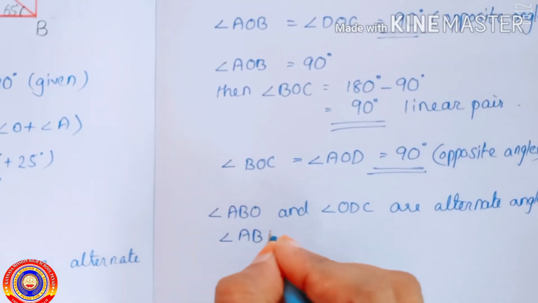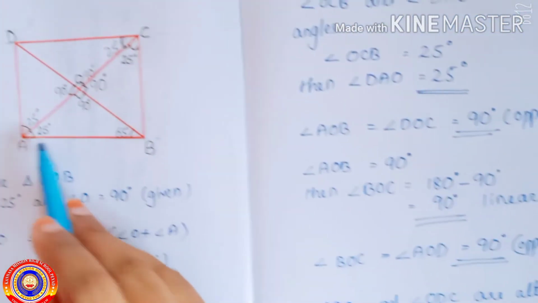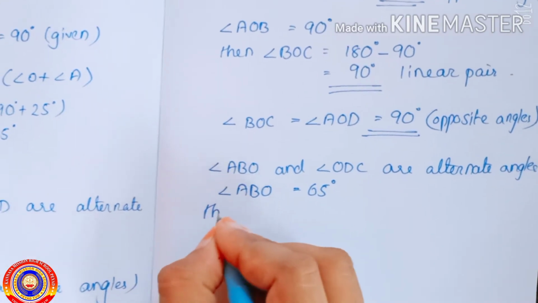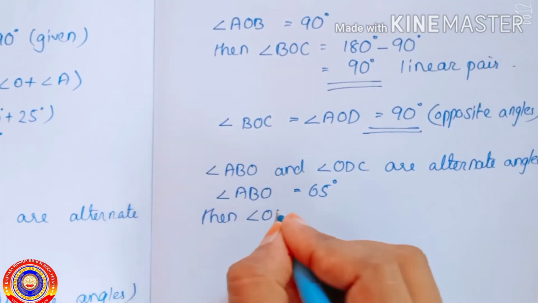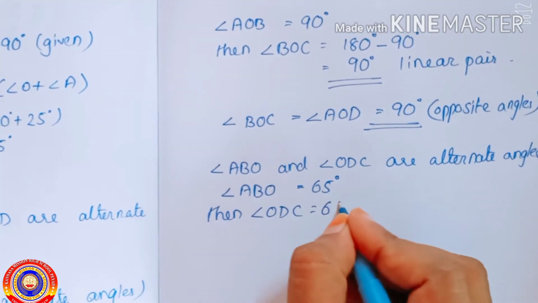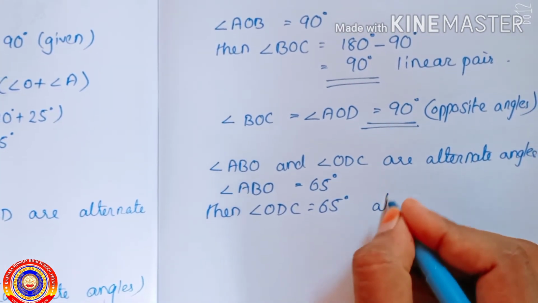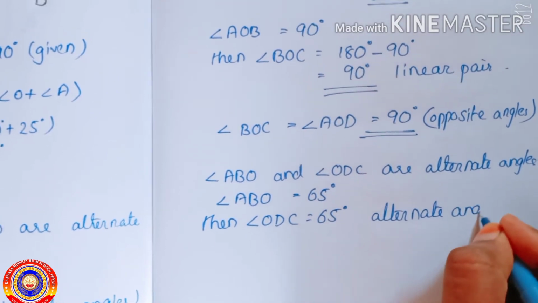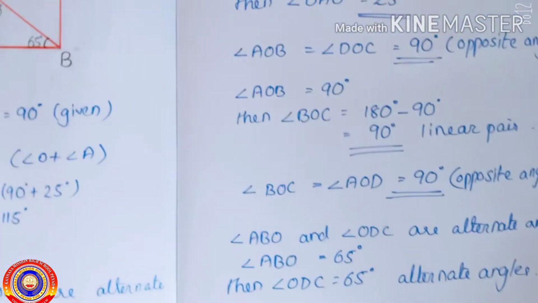Angle ABO is equal to 65 degrees. Then the alternate angle, angle ODC, is also 65 degrees. The pairs of alternate angles are equal.